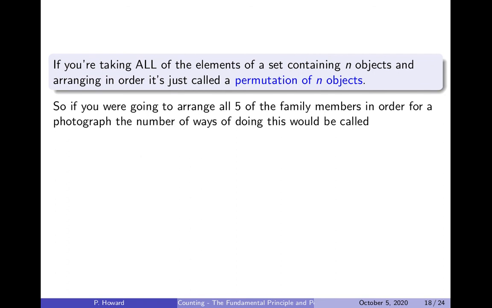So going back to our family example, if you were going to take all 5 family members and arrange all 5 in order for a photograph, the number of ways of doing this would be called the number of permutations of 5 things. And you could say the number of permutations of 5 things taken 5 at a time, if you prefer.